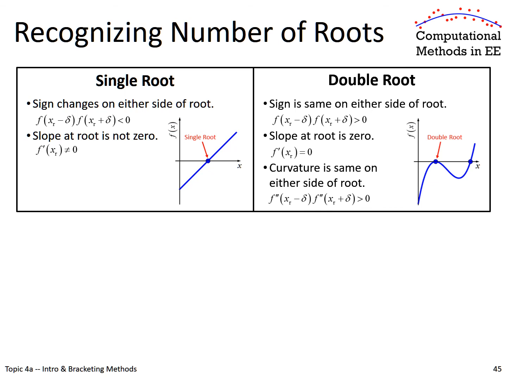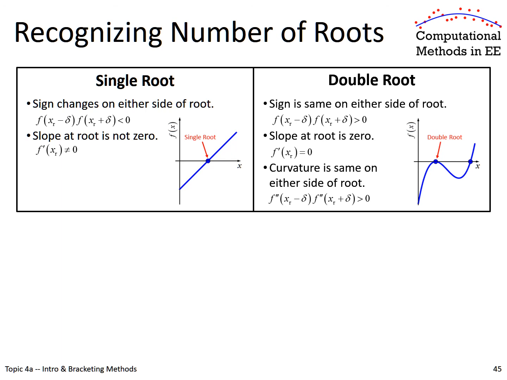Now in the case of a double root, this point that I'm circling here, notice there is no sign change. The function goes up to that zero crossing, and it's not even really crossing. It just touches the x-axis and then comes back down again. So if there's no sign change, we can conclude it's a double root, or more generally, an even number of roots at that point.